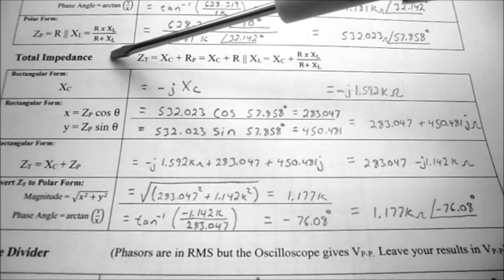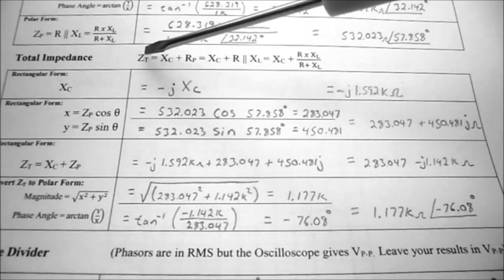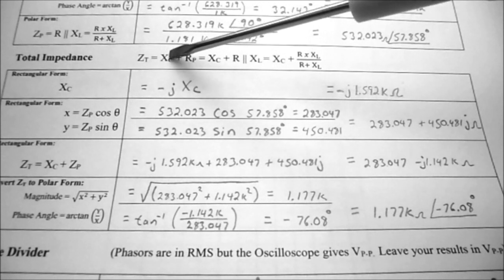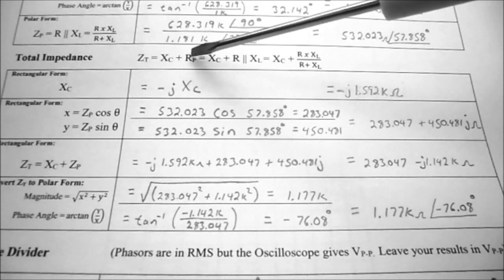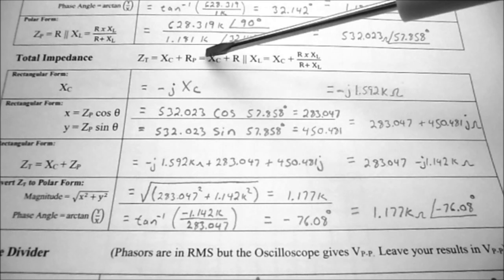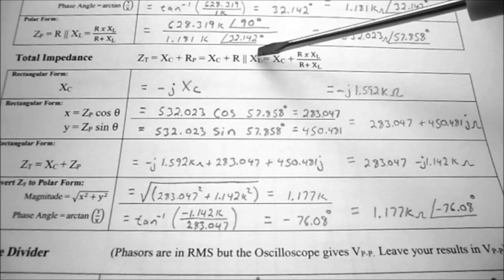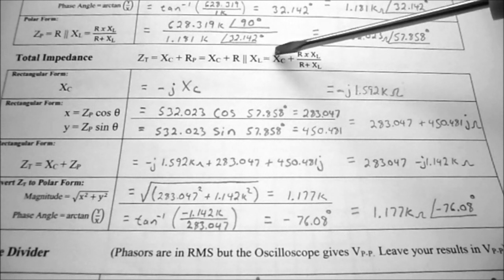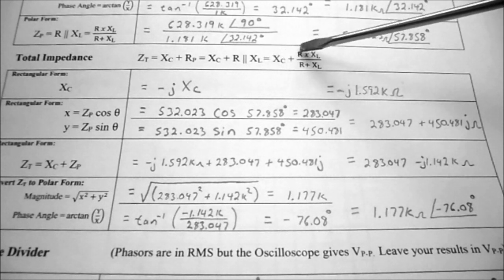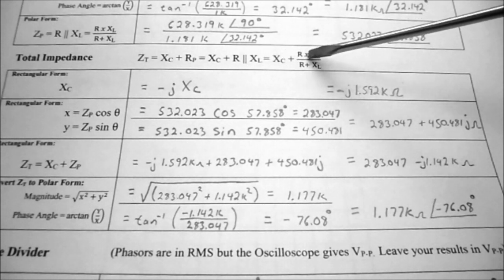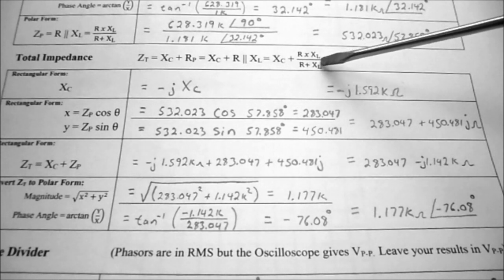So moving on to calculate total impedance, ZT is equal to XC plus R parallel. So that's equal to XC plus R in parallel with XL, which is equal to XC plus R times XL divided by R plus XL.